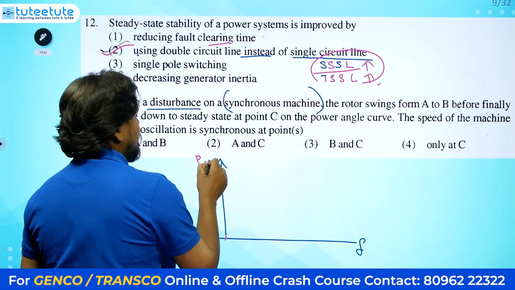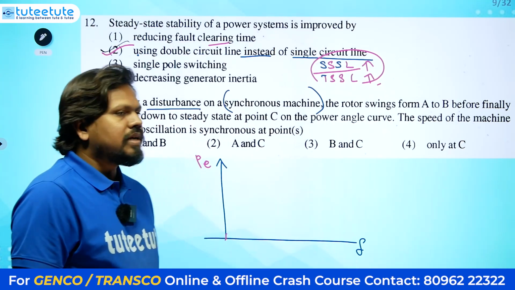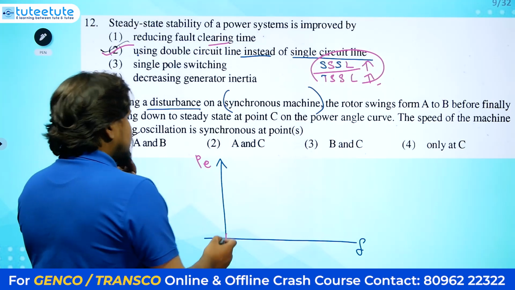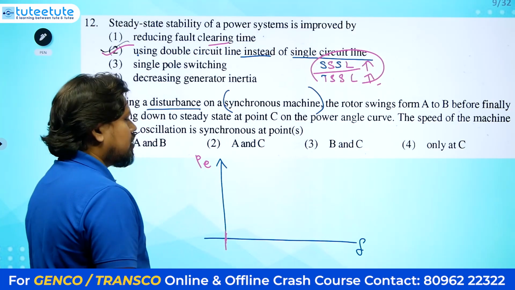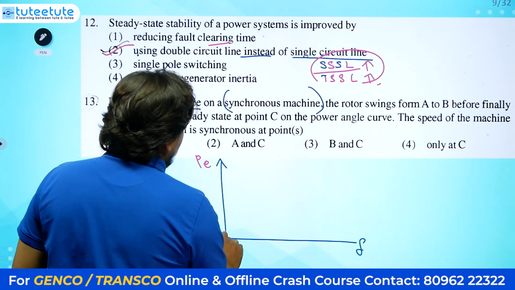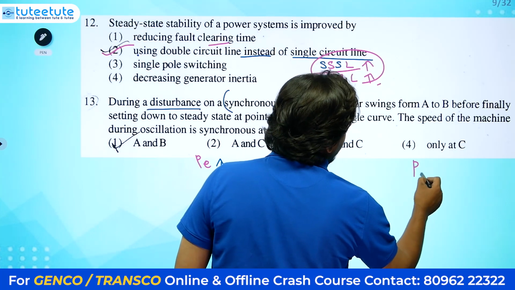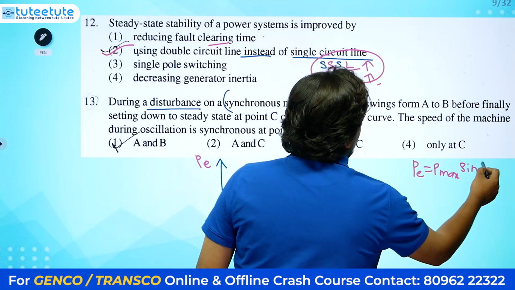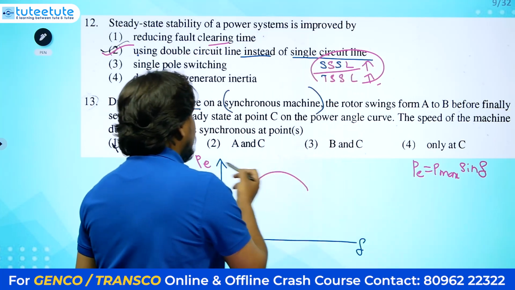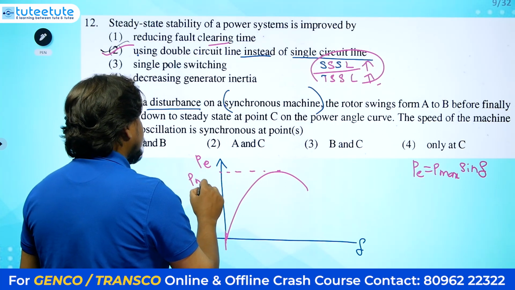This is the electrical power output and this is delta, the rotor angle, the load angle. Anyhow, this is the power angle curve. You know already, P electrical equals P max sin delta. So delta is this one and P is this one. This is the P max.